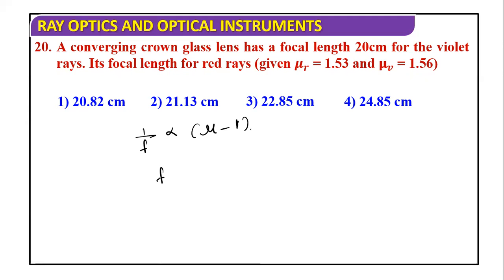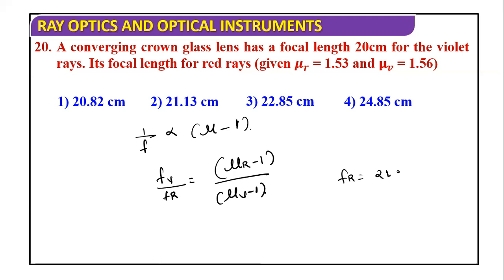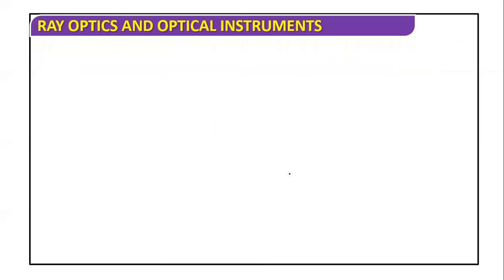So focal length for violet divided by focal length for red is equal to refractive index for red minus 1 divided by refractive index for violet minus 1. Put these values and find focal length of red rays. We will get FR is equal to 21.13 centimeter. Next question.